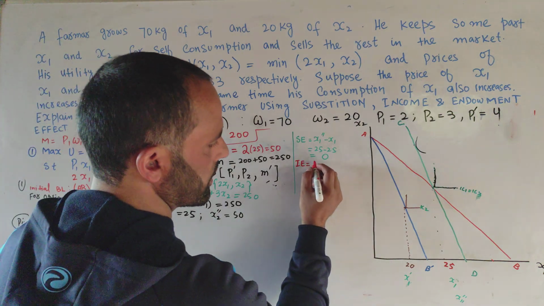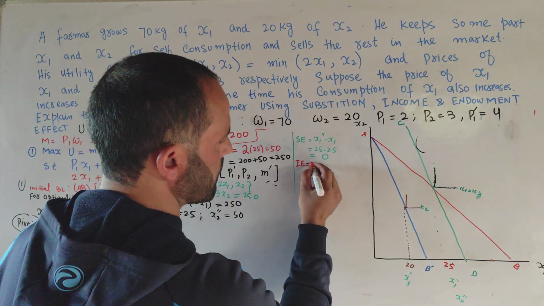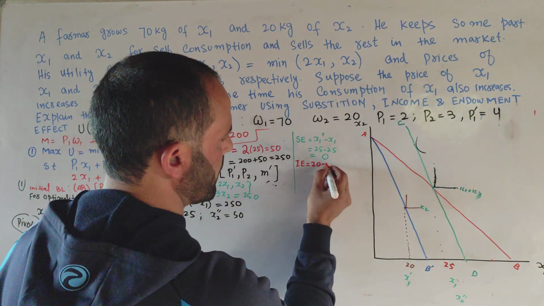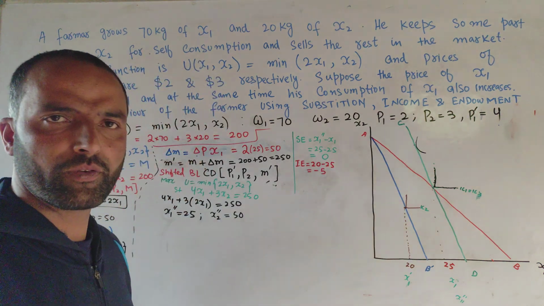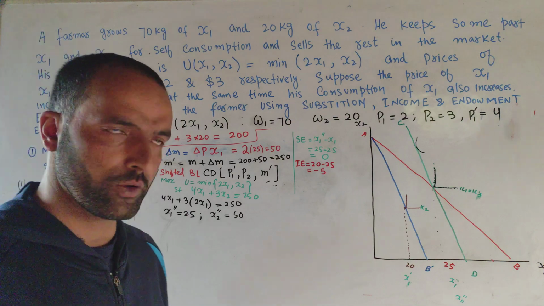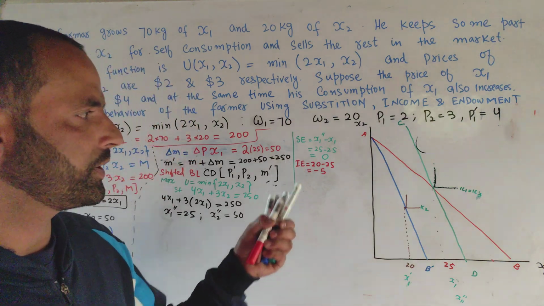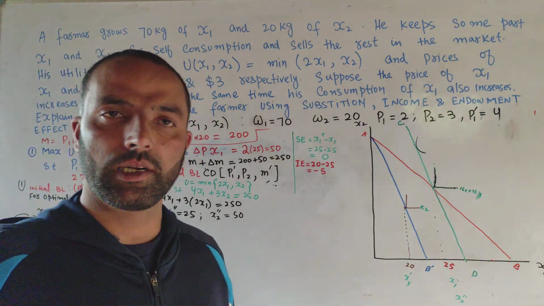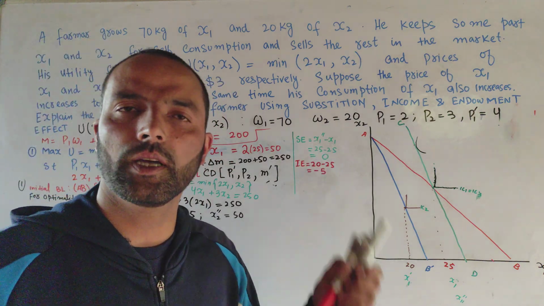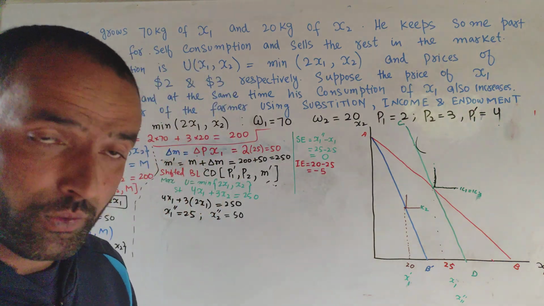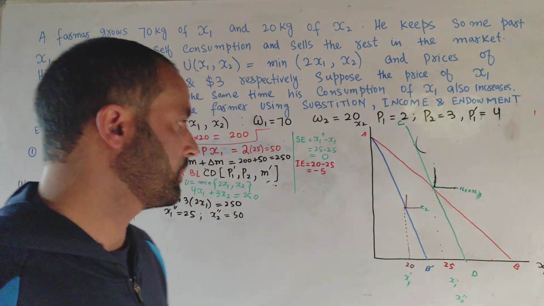Okay, so income effect will be equal to 20 minus 25, which comes out to be minus 5. So income effect will be equal to minus 5. That means quantity demanded of good x1 will decrease by 5 units because of the increase in the price of good x1.